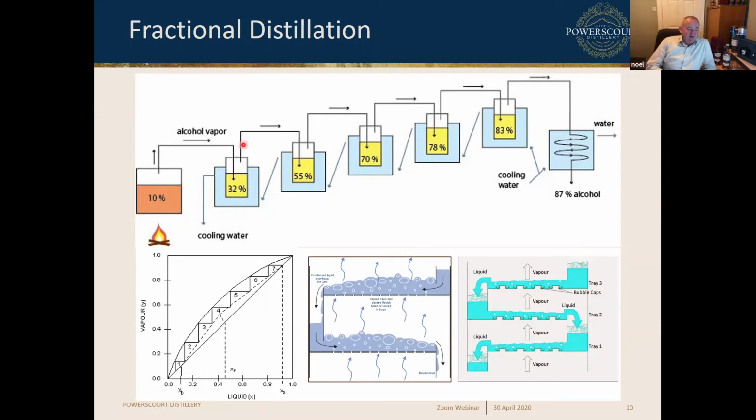That alcohol then is heated and boiled, and the vapor goes across and into the next vessel, and now it's 55% alcohol, goes across again into the next one, 70, up to 78, 83, 87. So these are different simple distillation steps, one after the other.